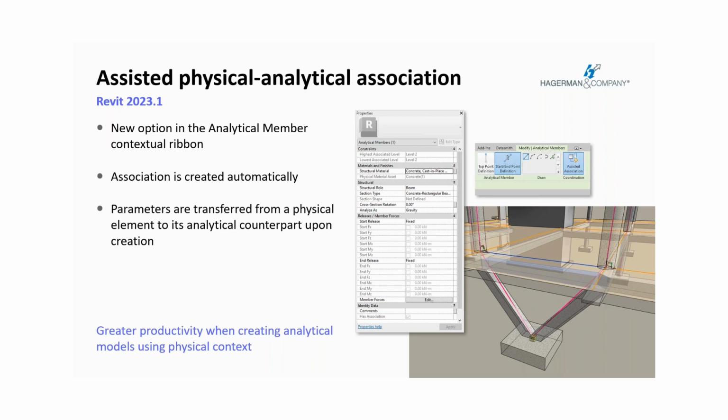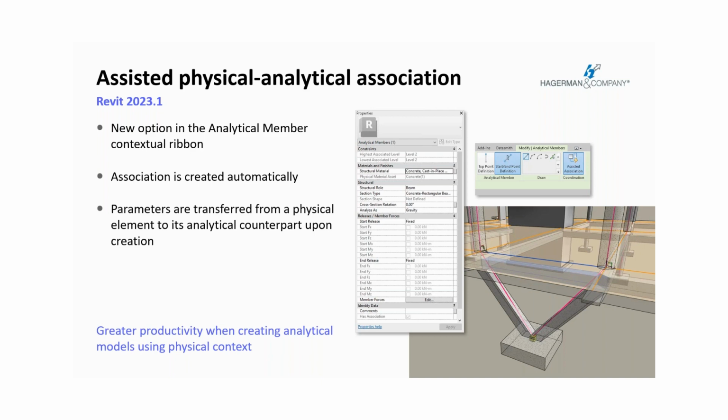Revit 23.1 introduces assisted association to help speed up this process. Assisted association identifies the physical element that is overlapped by the newly created analytical element and automatically creates an association between them for you.